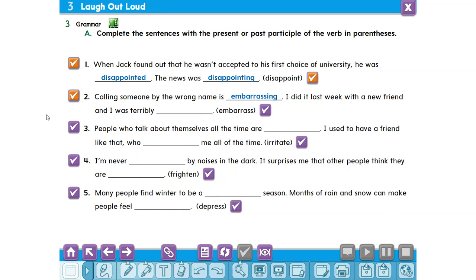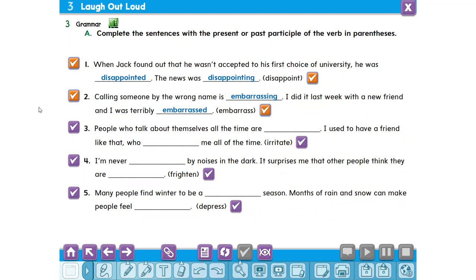In the second sentence, I did it last week with a new friend and I was terribly embarrassed. Here I'm describing how I feel, so I use ed form or past participle. Thank you, Yusuf. Let's move to number three.